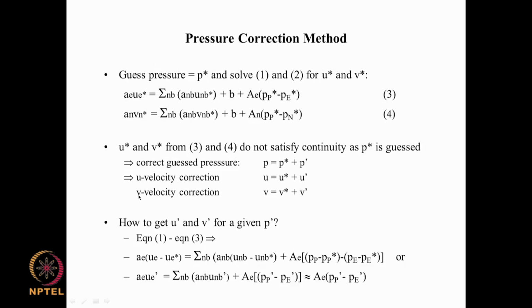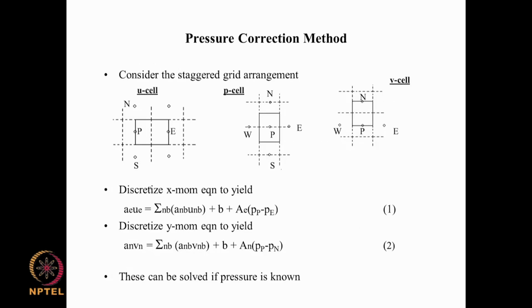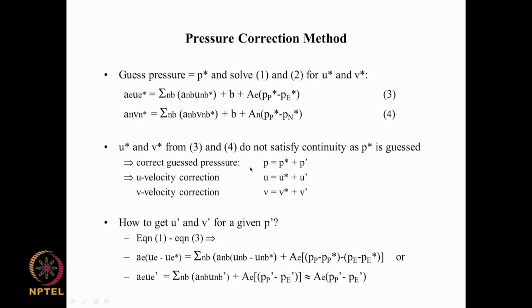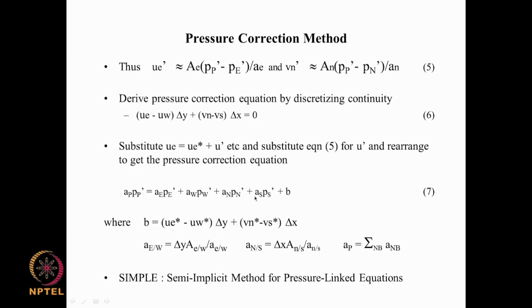at capital P is given in terms of pressure corrections at capital E, capital N, capital W, capital S, and that is of this particular form, where some of the starred quantities are coming in the right hand side of this, and we already know these things because we have solved the corresponding discretized momentum equations.